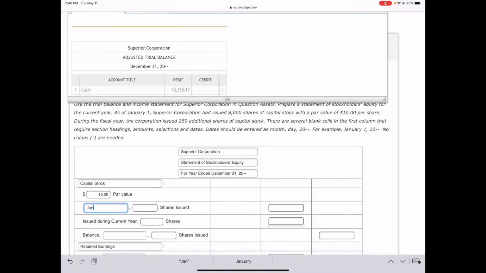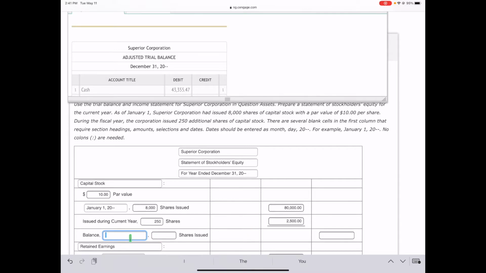On January 1st, we issued 8,000 shares, it says right there. The total value, we take 8,000 shares times $10 per share, and we have $80,000. During the year, we issued, it says right up here, 250 shares. 250 shares times $10 is $2,500.